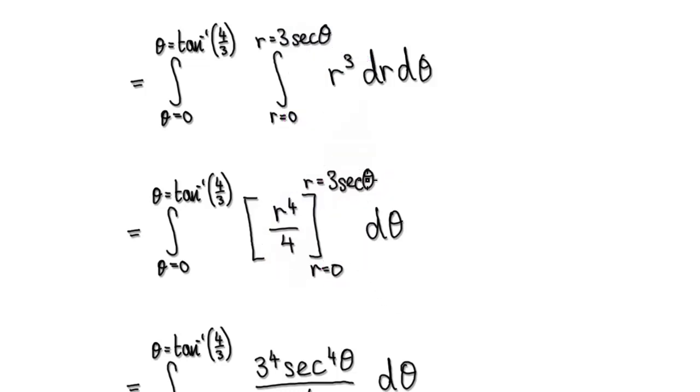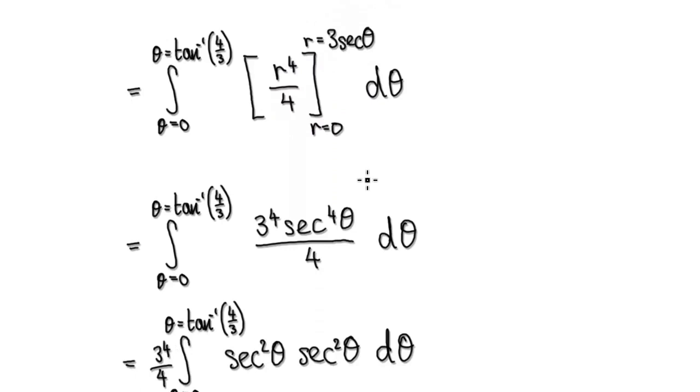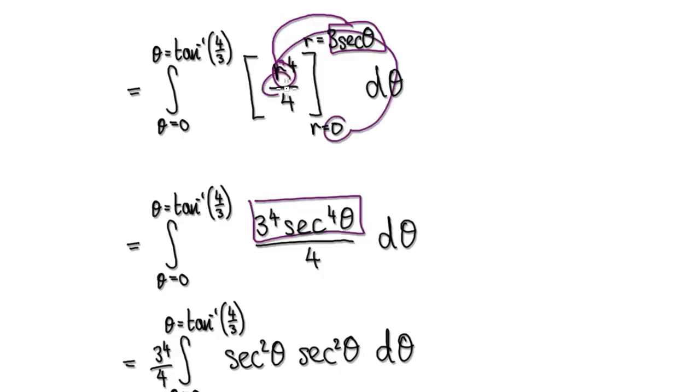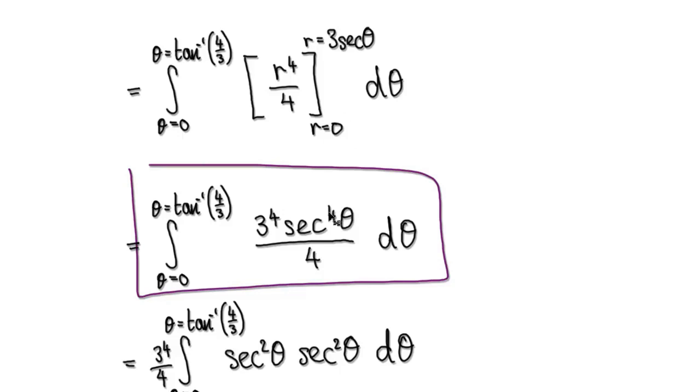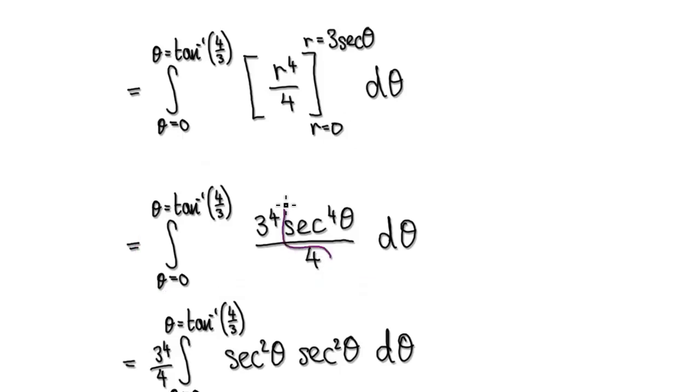And then now we can put this into here. That will give us this thing here. When you put 0 into here, the whole thing is 0. So that will take us to here. Now this thing here is just a constant, so let's move it out here.